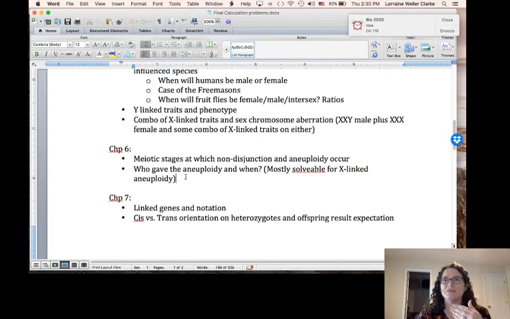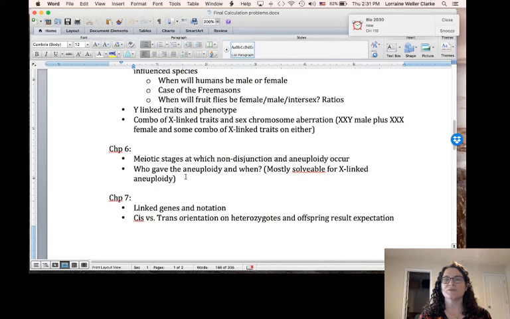or in this combo of who gave the error, you can solve something like, say, if there is an XXY person, then you could figure out based on pieces who gave the aneuploidy.